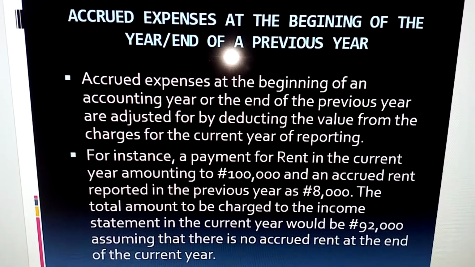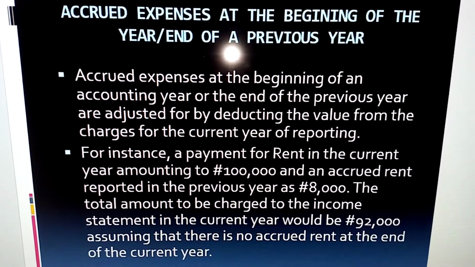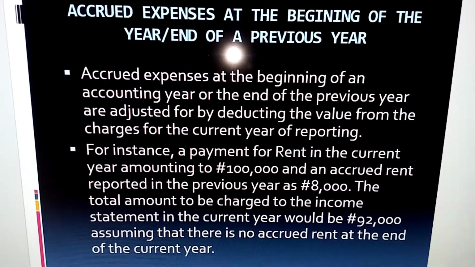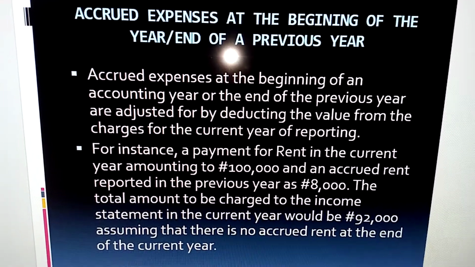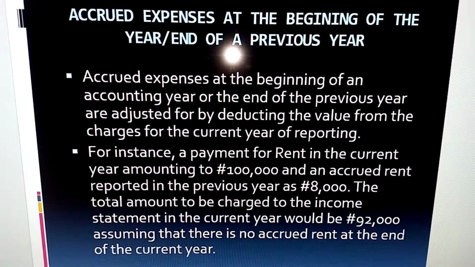Let's say, for instance, a payment for rent in the current year amounting to 100,000 has been paid, and they're now telling you that there's an accrued rent reported in the previous year as 8,000.